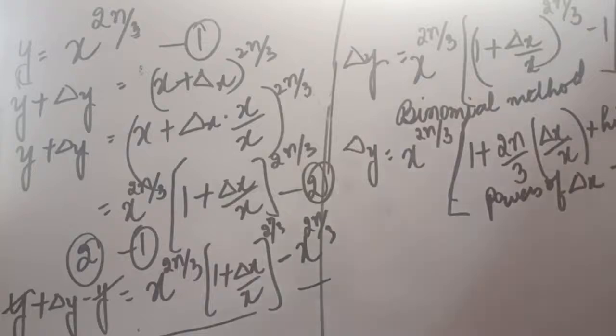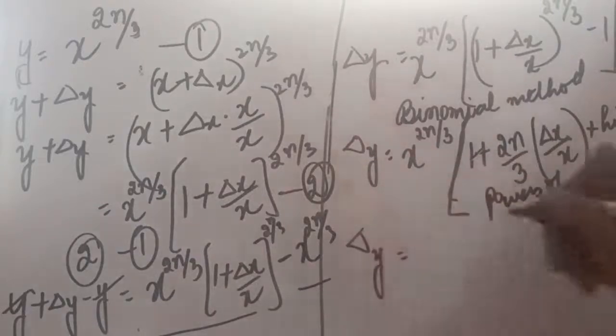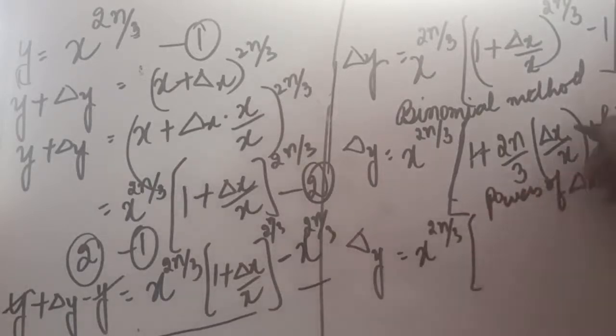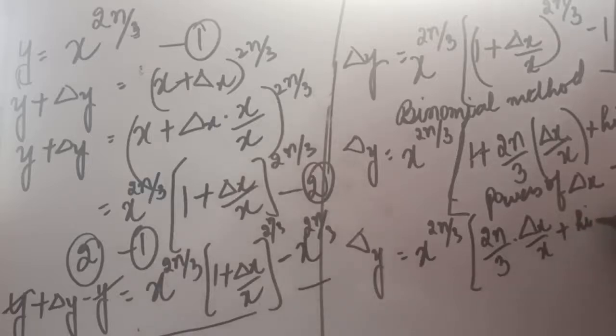Now this minus 1 and positive 1 can be deleted easily. So what we are left with, on the left hand side we have delta y, on the right hand side 2n by 3 multiplied by delta x by x plus higher powers of delta x.